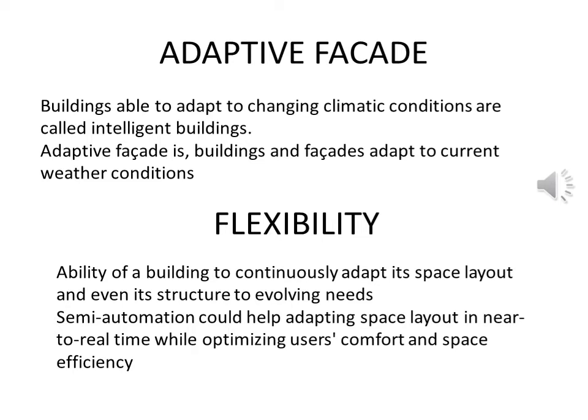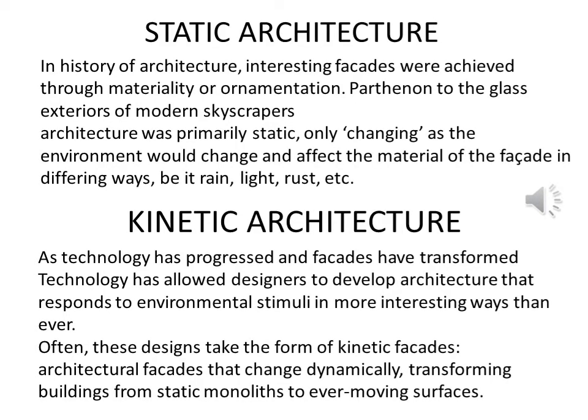Automatically it changes, so it is very flexible. Earlier, when we studied architecture, we can call it static architecture. What you study in history, all the buildings are static and nothing will change. Whatever you do once remains permanently.